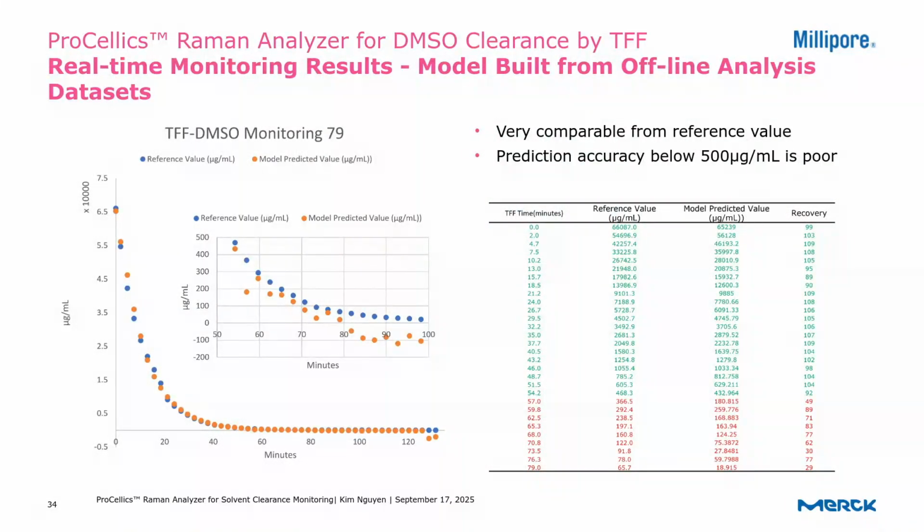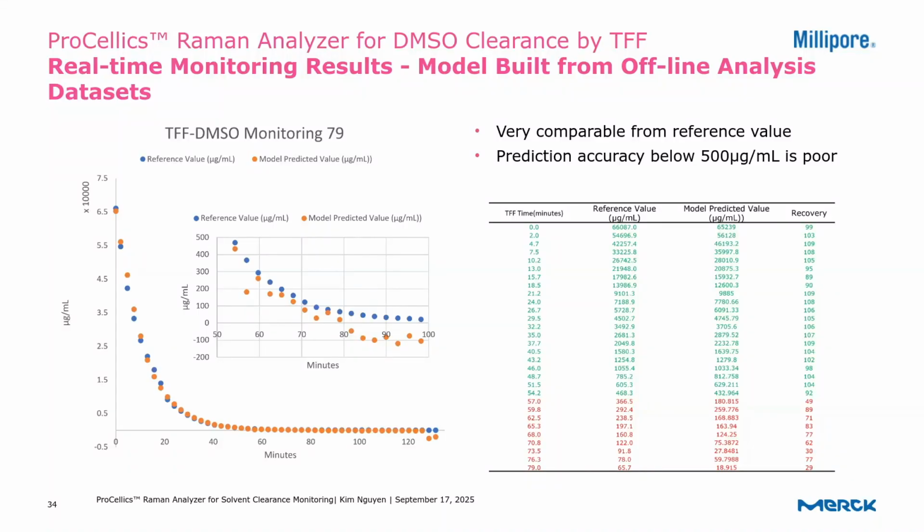So for the second TFF process, we use the same parameters as the first one. We also collect offline samples to compare with the predicted values.